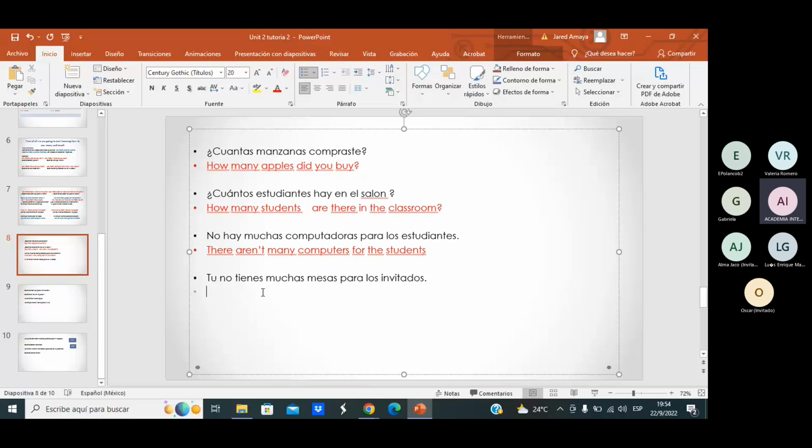Guest. Yes. Okay. You don't have many tables for the guest. Sí, guests. Ya vamos a escuchar mejor la pronunciación. You don't have many tables.